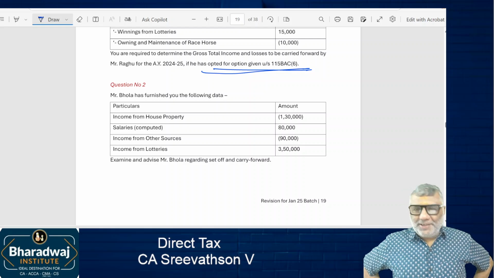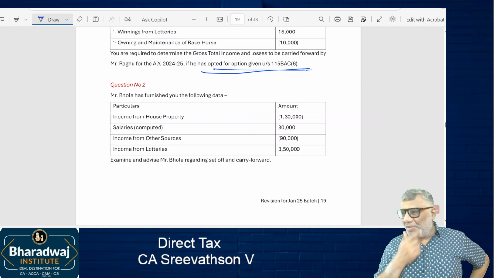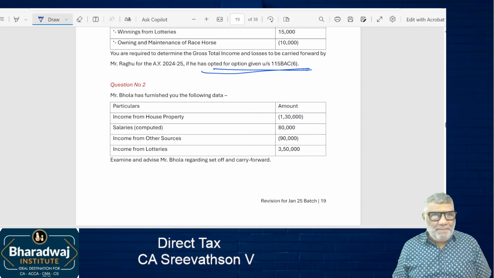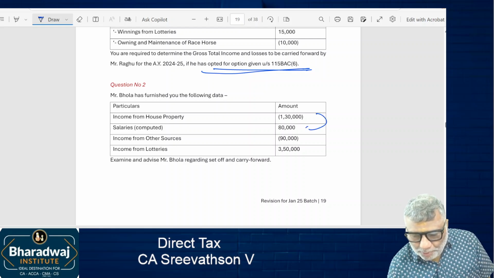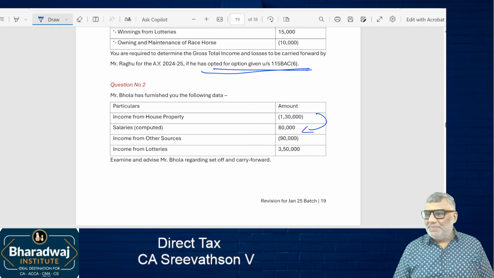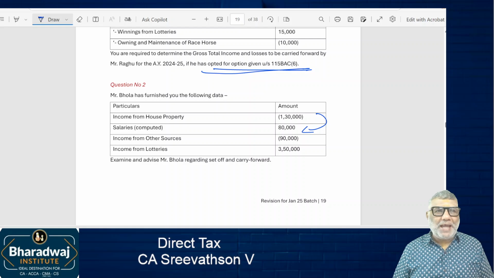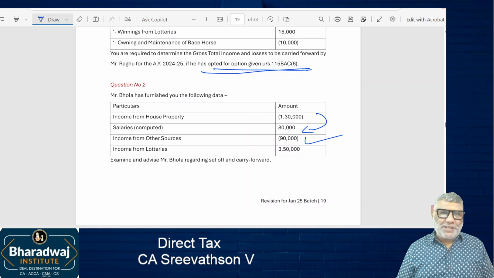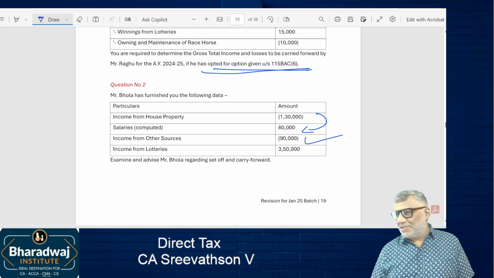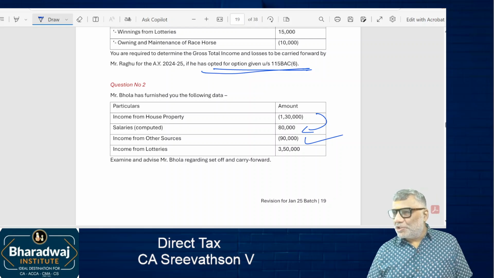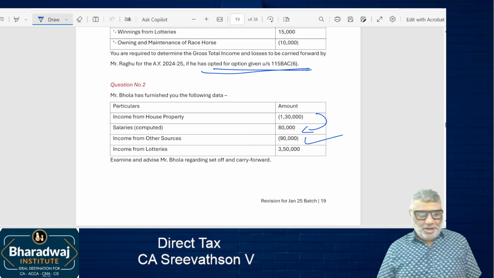Lotteries is entire 350 into 30%. What the total income is does not matter for lottery. So the advice will be: up to 80,000 you should adjust. Remaining 50,000 you should carry forward. This 90,000 IFOS loss might be because of racehorse, which also needs to be carried forward.